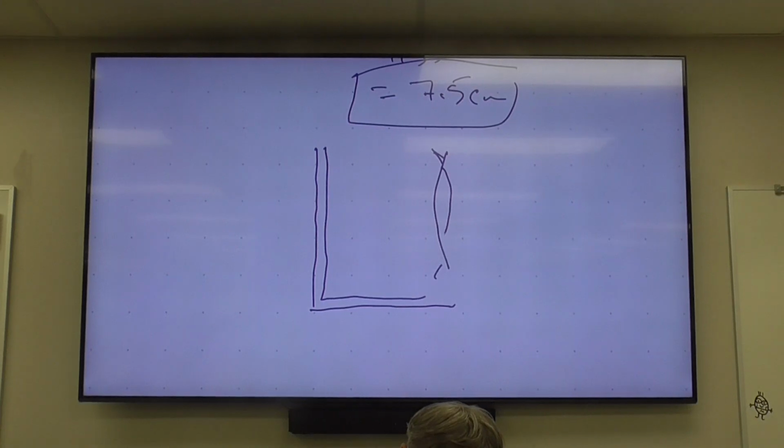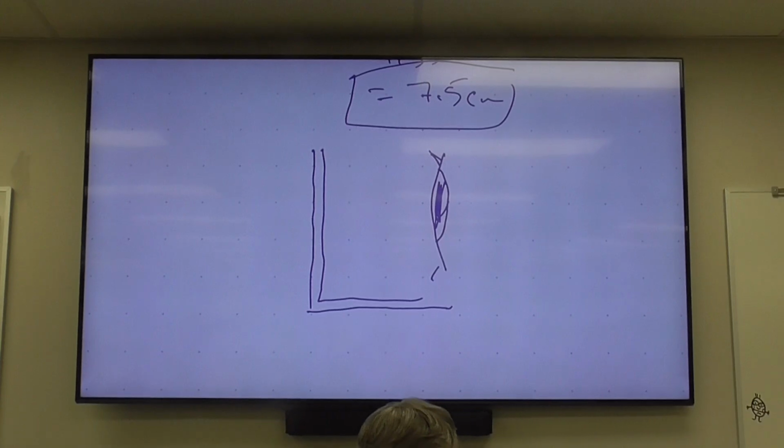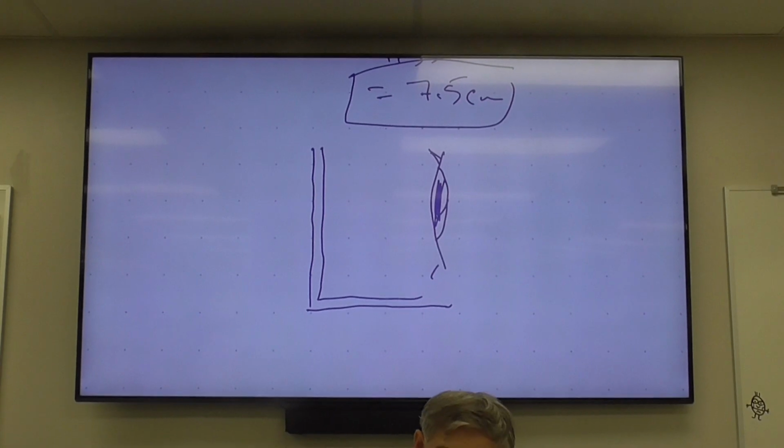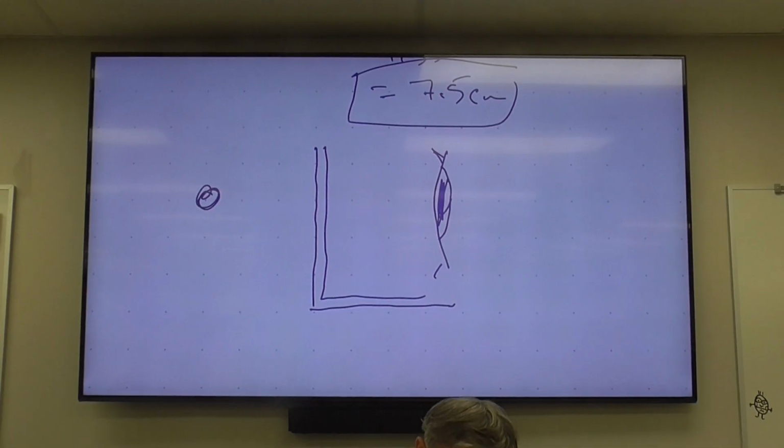Okay. And you're looking at the outside coming in. So now, you're the fish. And you're looking at something that's emanating light out here.